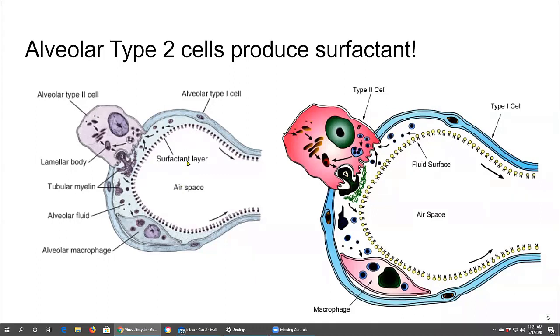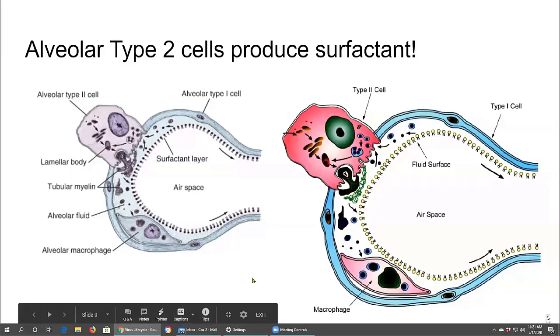If that stops happening, then you say, I can't breathe. The oxygen's not getting into my blood. So those are the people who have been sickened with this disease. Shortness of breath, they need to go on a ventilator, they get increased oxygen to try to get enough oxygen into their blood.